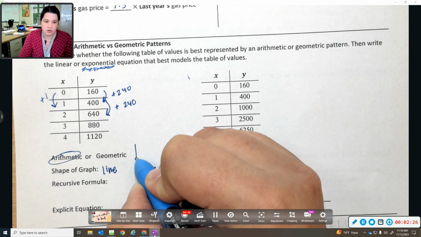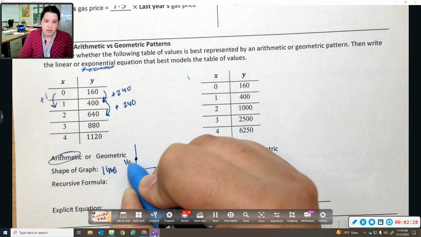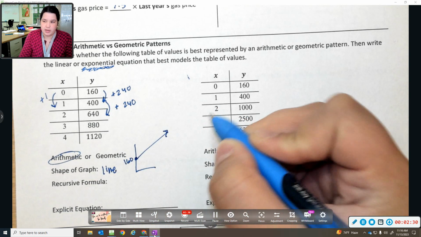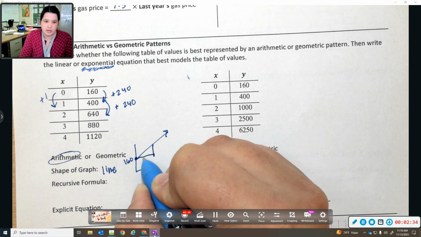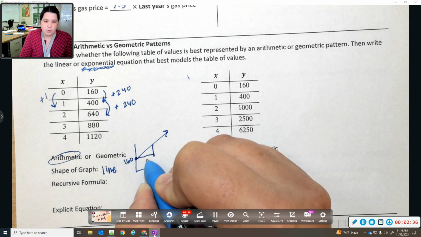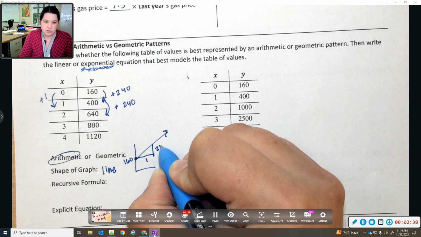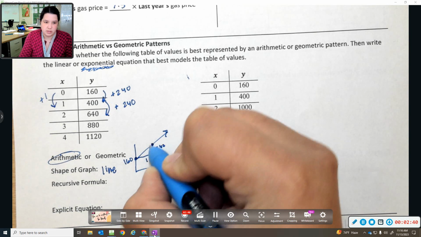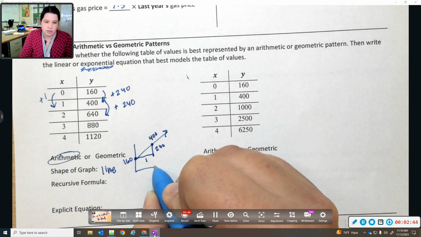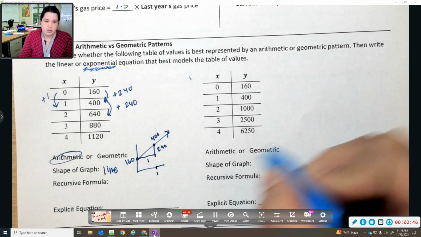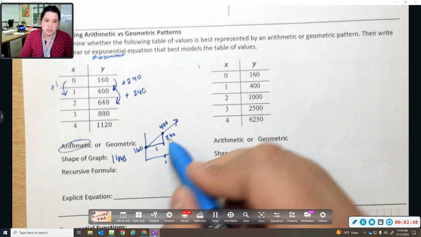I'm going to be starting at 160. That's my y-intercept, and it's going to be going up in that direction. Since the slope is 240, I'm going to be running 1 and then rising 240 to the next point. So this one would be 400, and then 1 right here. That's just an easy little sketch.